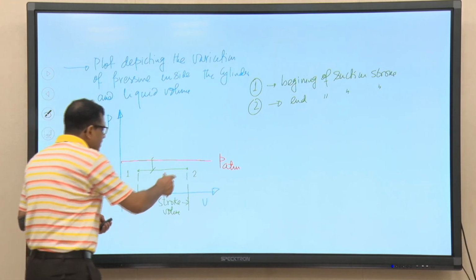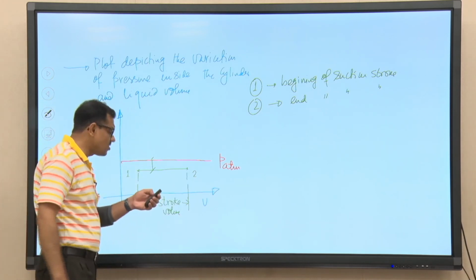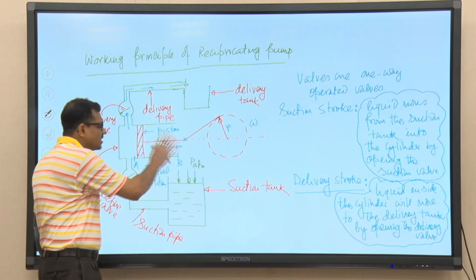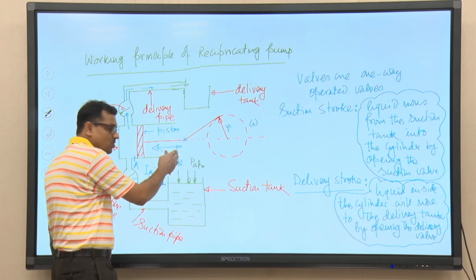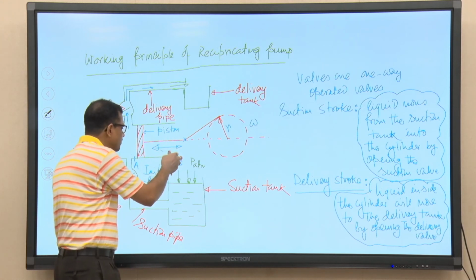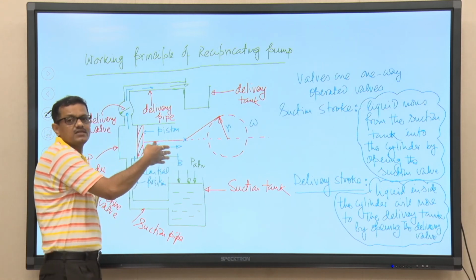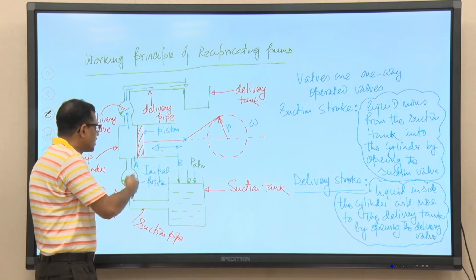Now, what will happen at the end of the suction stroke? When the piston is at point B, the next stroke is the delivery stroke, right. So, what will happen?